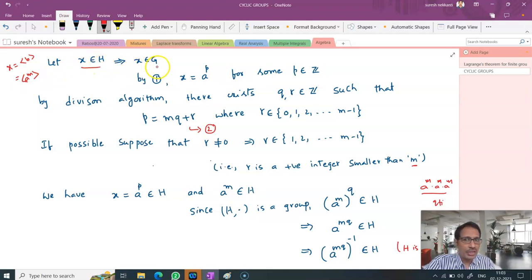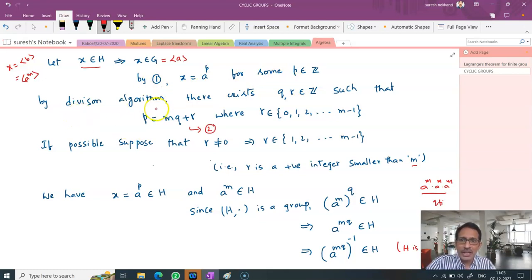So X belongs to G, and G is generated by the element A, therefore X is some power of A. That power I assume to be P. I have already written this as 1.